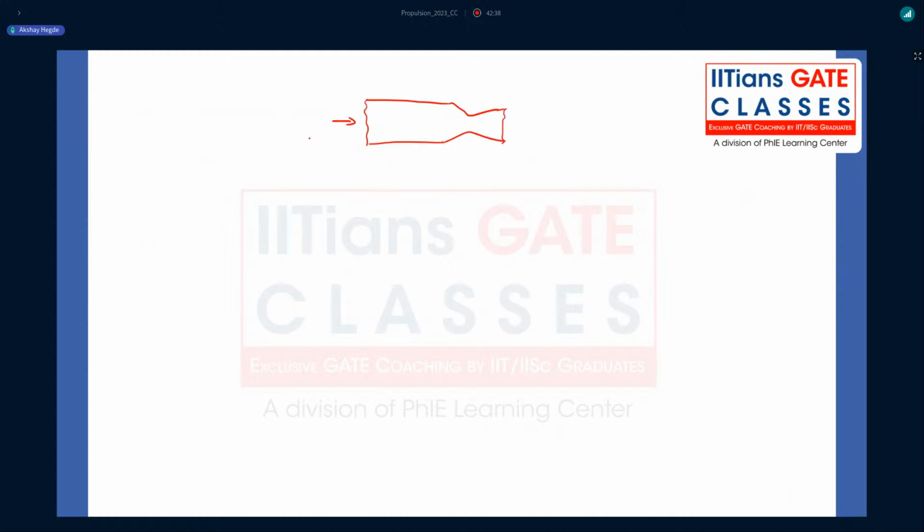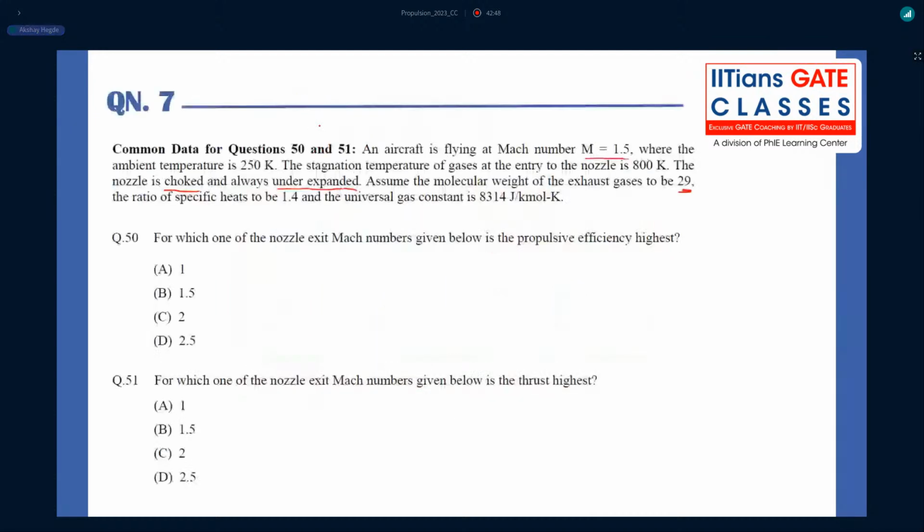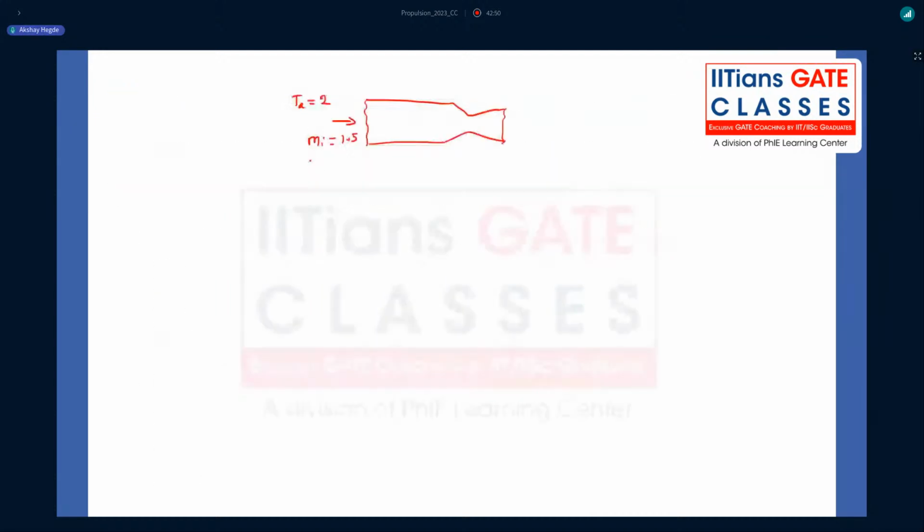I have an incoming flow at a Mach number of 1.5 with an ambient temperature of 250 Kelvin. I have a nozzle entry condition given as T04, which we will treat as 800 Kelvin, and gamma is given to be 1.4.